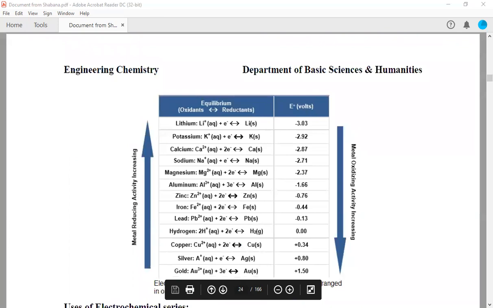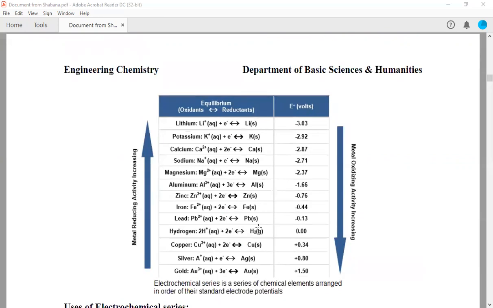Next, this is the series, the electrochemical series. See, here the hydrogen will be taken as a reference electrode. And the metals which are arranged above the standard reference electrode, that is the hydrogen electrode, will have a negative value.